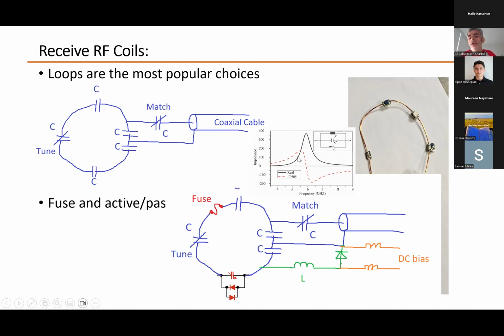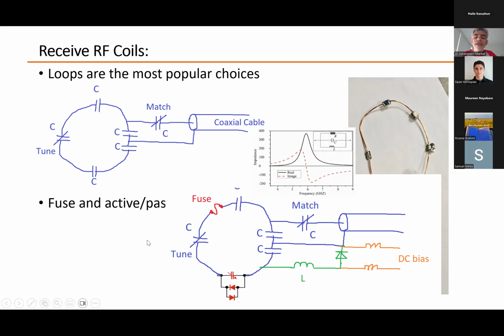It's like an open circuit, because a parallel LC circuit has a very high impedance at the resonance frequency. So when we turn this diode on, we will have an open circuit here, a very high resistance here. So no current will be induced inside the loop.